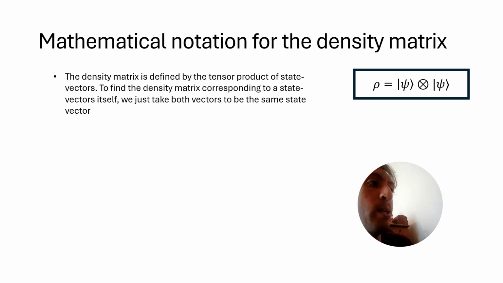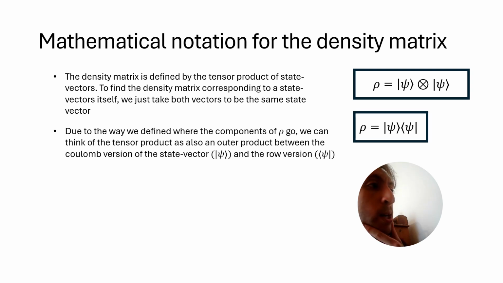For example, we can consider the cat in the Schrodinger's cat thought experiment as a single system. And we can think of the state as described by a density matrix instead of a state vector, and this is how you would work it out. But as we've seen, we can think of the density matrix as being represented as a genuine matrix, and one way to get the matrix between vectors is to actually multiply a column vector with a row vector.